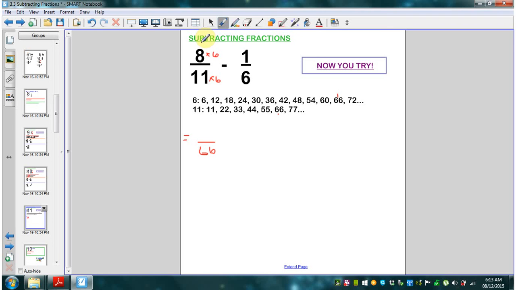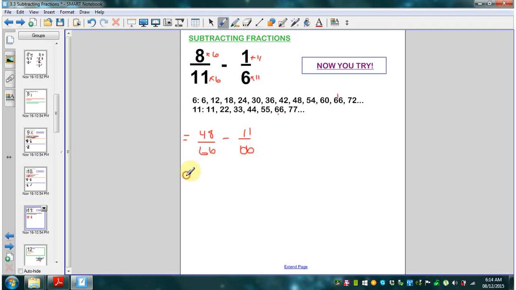So 8 times 6 is 48. Bring down our subtraction sign. We want this to be 66 on the bottom, so you're multiplying 6 by 11. Multiplying our top by 11 as well. So that's 1 times 11 is 11, and 6 times 11 is 66.